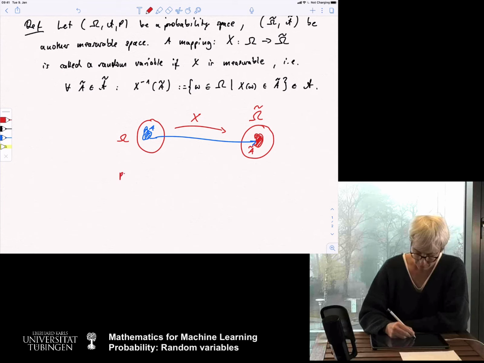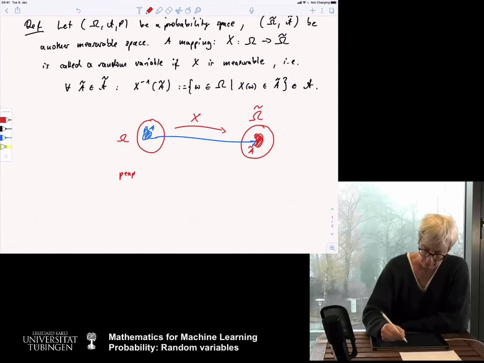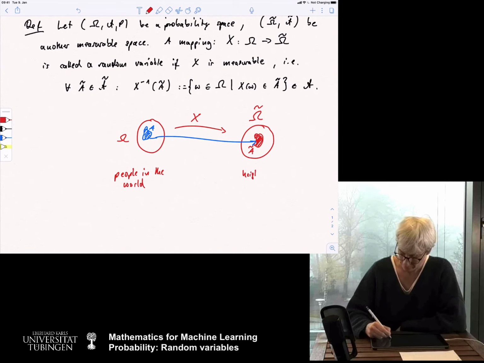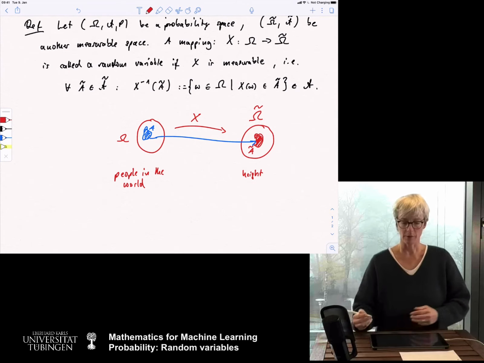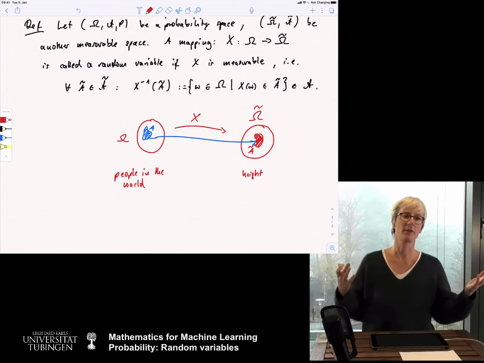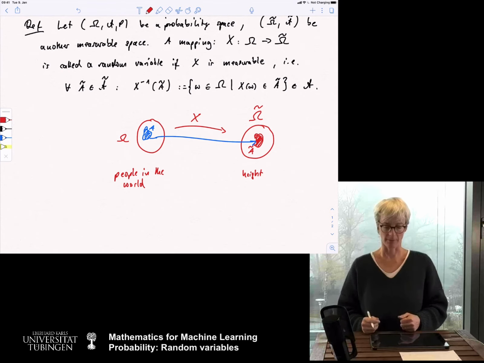So this is the people in the world, and this is the height of the people. And now what you want to say, for example, is: what is the probability that someone is at least 1.70 meters?